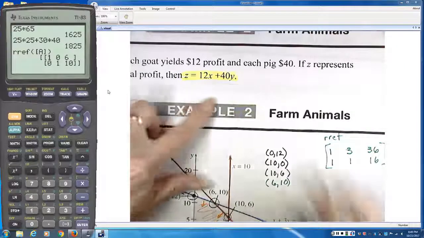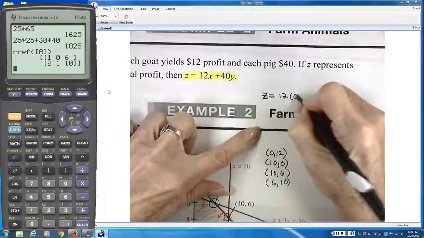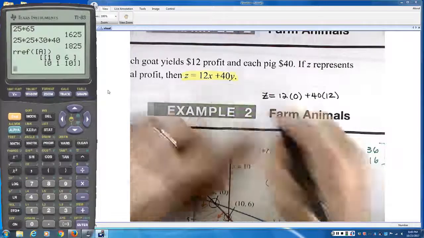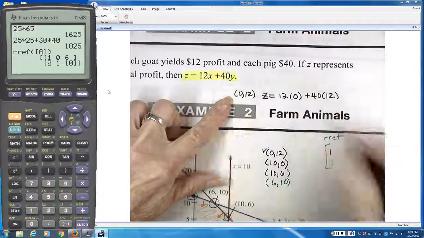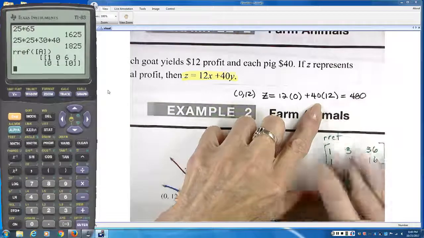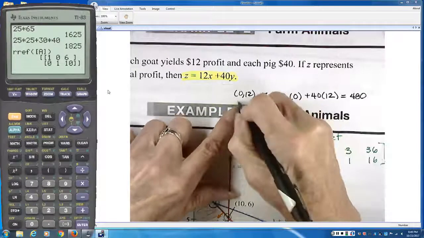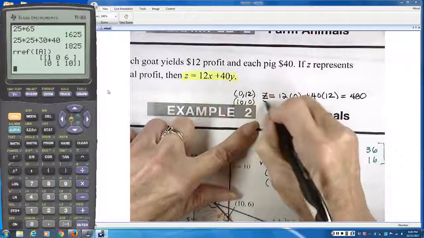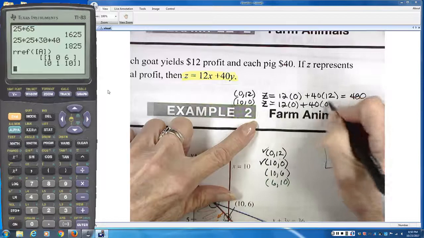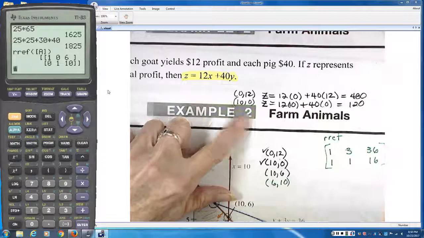So using our corner points, 12 times 0 plus 40 times 12 for the first point is 480. 10, 0 is only going to be 120. So it's not going to be that one.